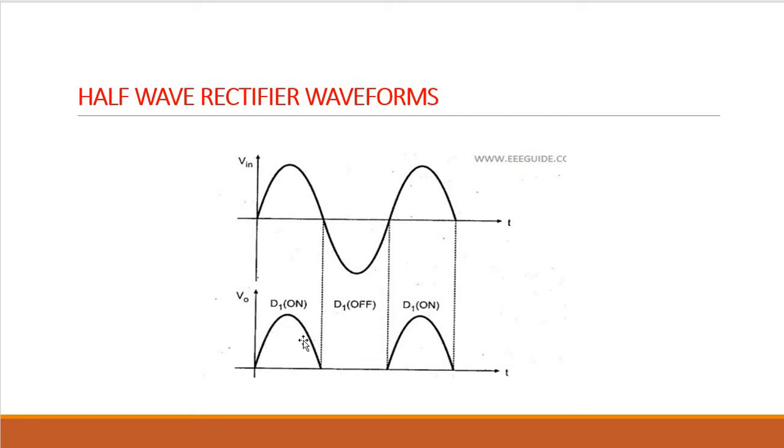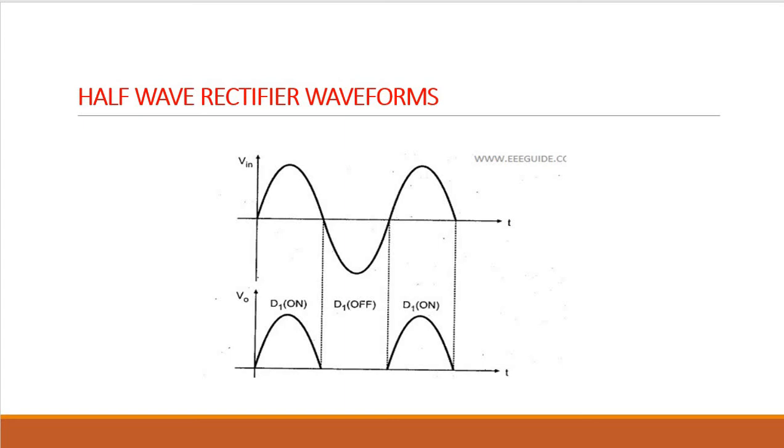So across the load resistance we have the output voltage like this. Okay, but when the input is negative, the diode will be reverse biased and there is no voltage developed across the load resistor. Okay. So I hope you understood the working of the circuit as well as the waveform.